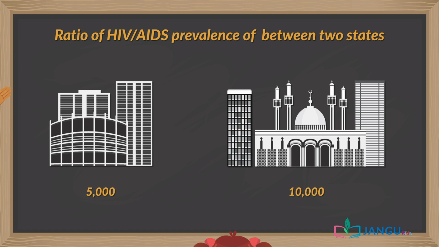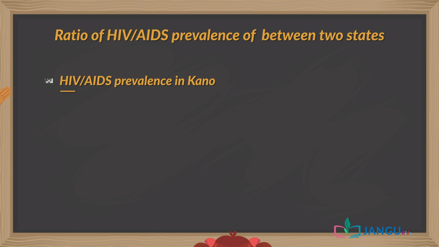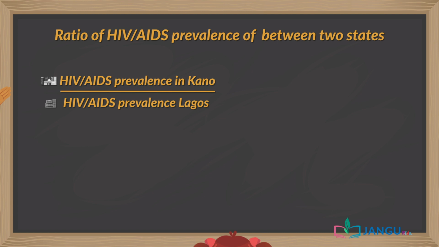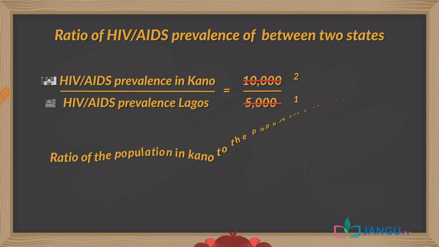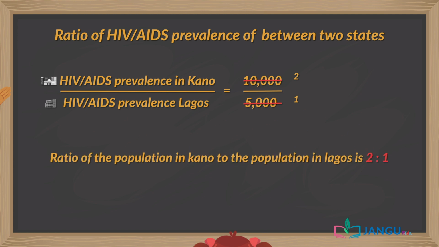To find the ratio of HIV AIDS prevalence between the two states, we divide the number of people living with HIV AIDS in Kano by the number of people living with HIV AIDS in Lagos, which is 10,000 divided by 5,000, and this can be simplified to 2 over 1. Therefore, the ratio of HIV AIDS prevalence between the two states is 1 to 2 or 2 to 1, dependent on which state comes first.